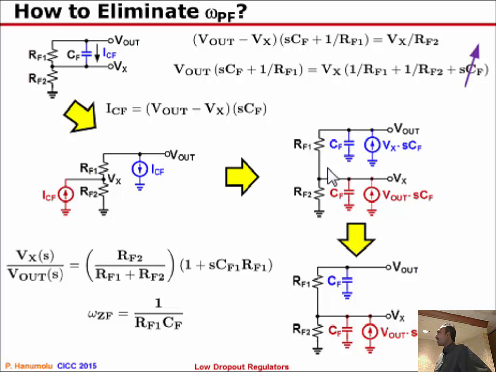So all we need to do now is add the CF capacitor that we are planning to add at output to ground, and Vx node to ground as shown here, and I also would want to have a voltage controlled current source whose value is controlled by Vout, Vout times SCF really.